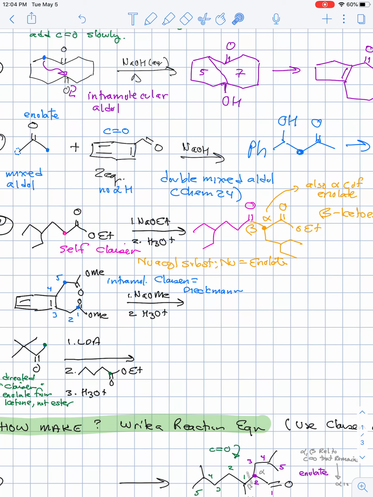So again, I've marked the carbon that can act as the enolate, and it really doesn't matter whether we have carbon 2 reacting with this carbonyl that I labeled 1, or we have this one reacting with that, because one merciful thing is that it's symmetrical. And so this is going to give us a 5-membered ring.